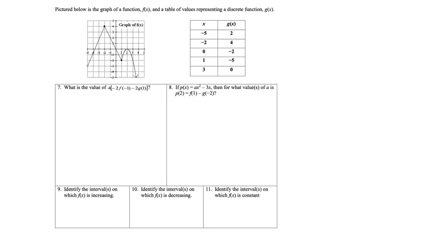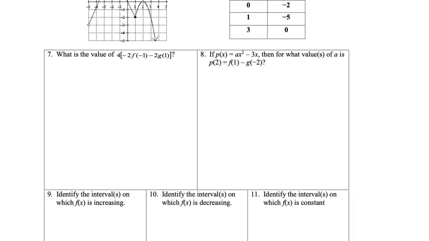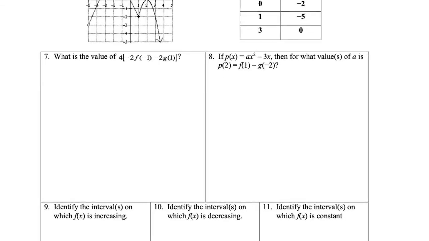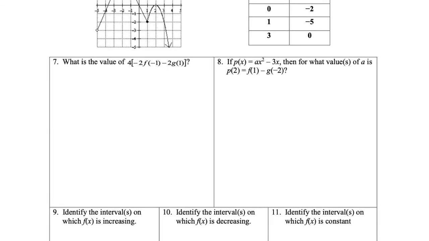Okay, moving on. Now this next part, instead of doing 2 graphs, they did a graph and then they did a table. So looking at this, we're going to be picking out values. So for the first one, what is the value here? And we're just reading the table or we're reading the graph.